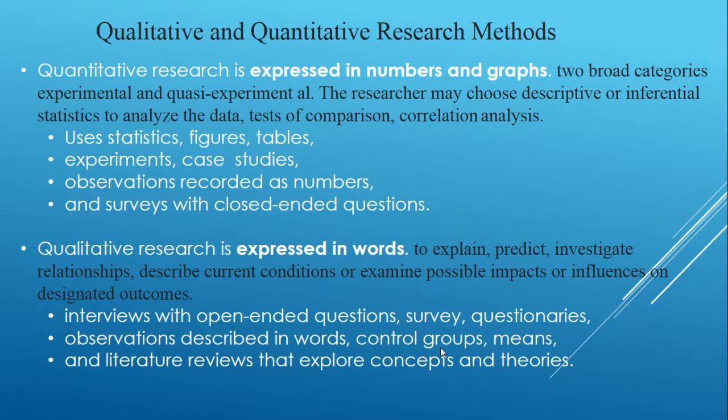And you have the other group that is the active group that is getting the actual pills. So you have to have a group that's not being influenced by what you're studying. You have literature reviews that explore concepts and theories. So that's going to be very important also, okay?